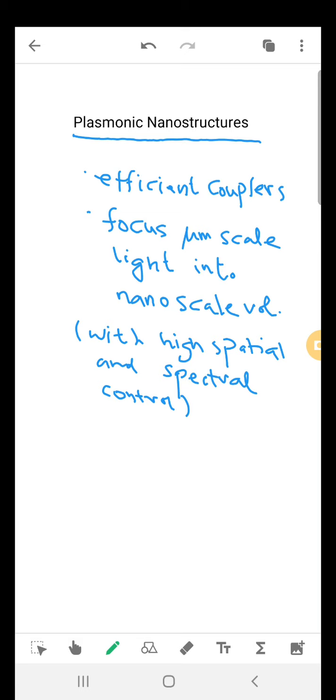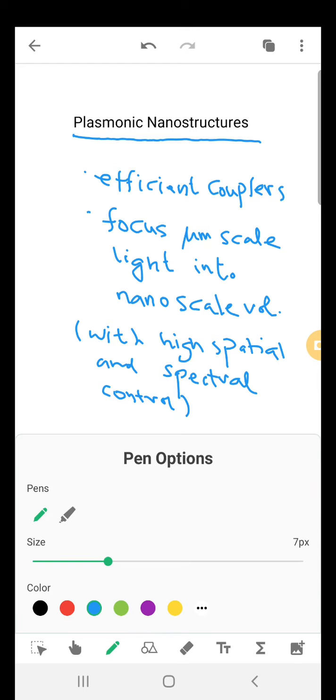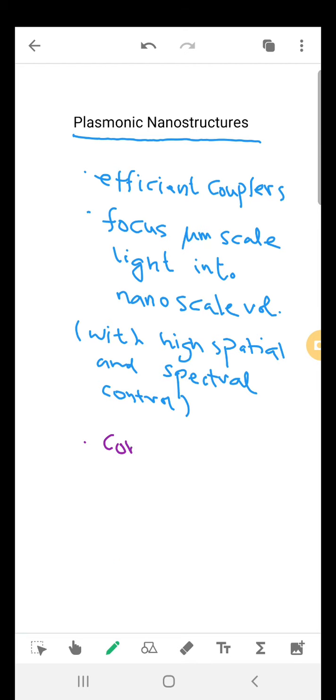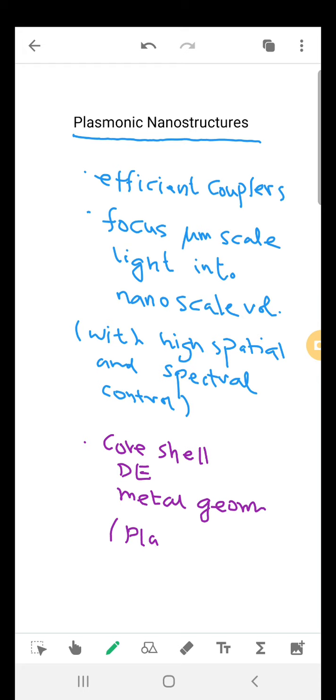For example, if we talk about something called core shell dielectric metal geometries, or plasmonic nanocells, they can also be called plasmonic nanoshells.